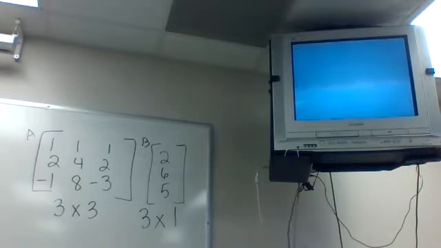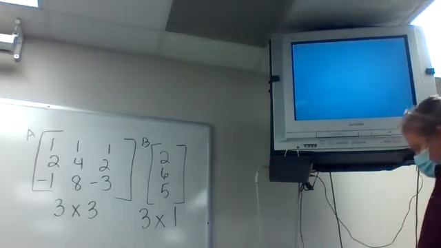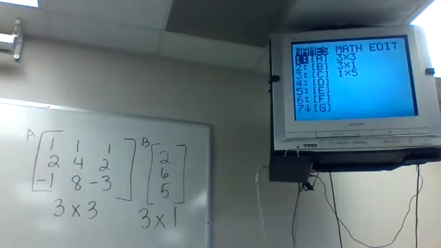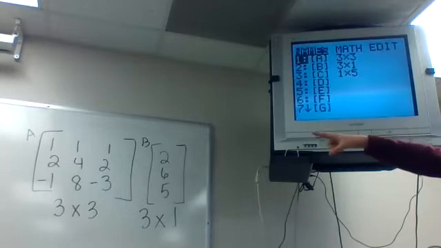So to get to matrix, you'll hit the second button. And then that X to the -1 says matrix on top of it. So that's why you hit the second button first, because you want to get to that matrix option. So you're going to hit second matrix. So you should have this. I want to create 2 new matrices, these right here.